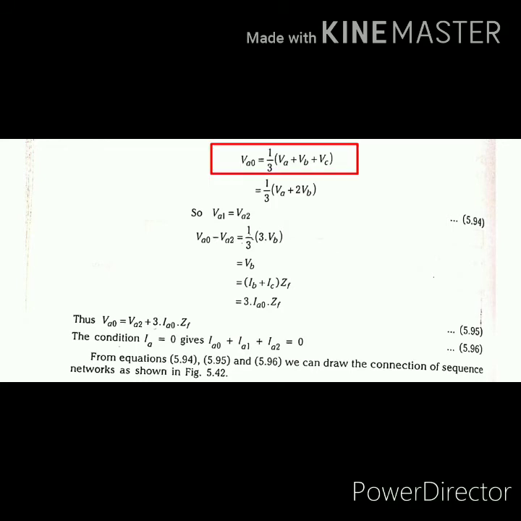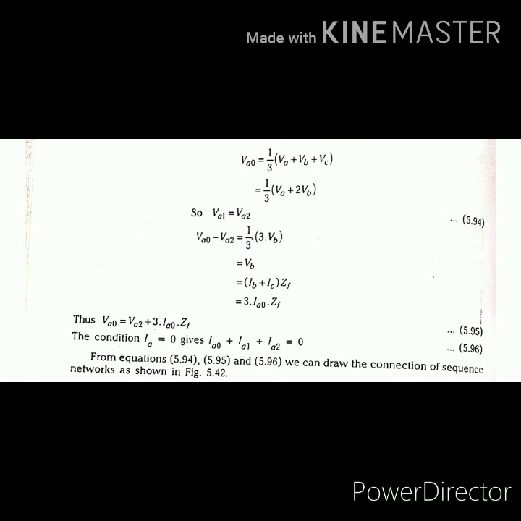Coming to VA naught, it is 1 by 3 times of VA plus VB plus VC. But VB and VC are equal, therefore we can say it is equal to 1 by 3 times of VA plus 2 VB. So VA naught minus VA2 here is equal to 1 by 3 times of 3 into VB.